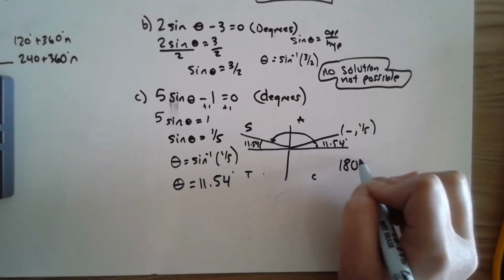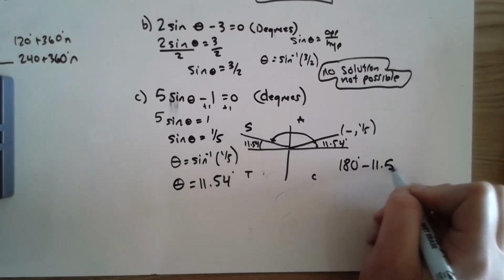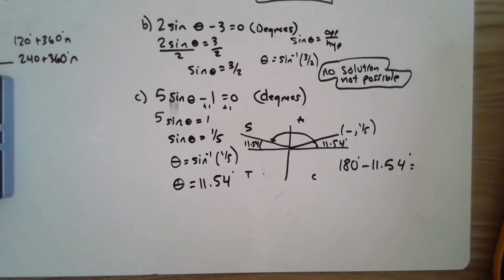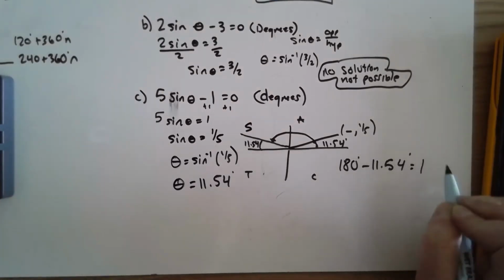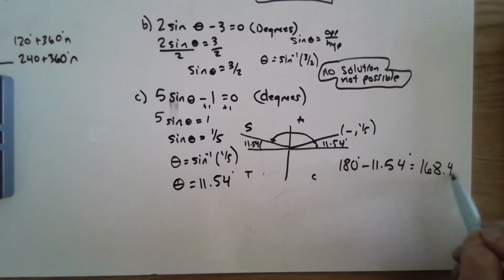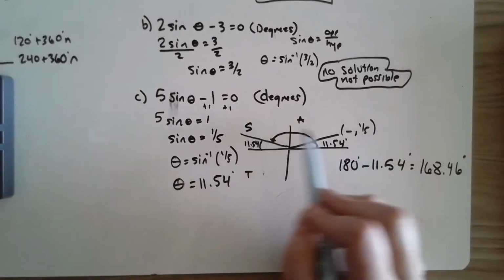So we're going to go 180 degrees minus 11.54 degrees, and that should give us 168.46 degrees. So if you notice, here are my two angles.